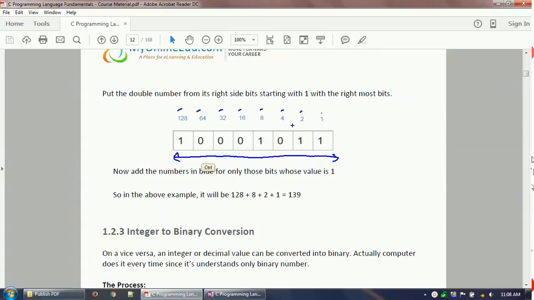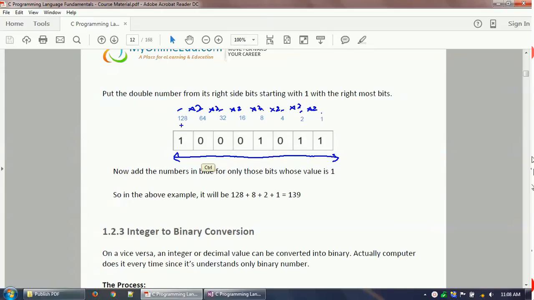128. So first you start with 1, then you multiply it by 2, which you get 2, then you again multiply by 2, 2 into 2 is 4, then again you multiply by 2, you get 8, put 8 over here, again you multiply by 2, you get 16, again you multiply by 2, you get 32, and then again you multiply by 2, you get 64, again you multiply by 2, you get 128.